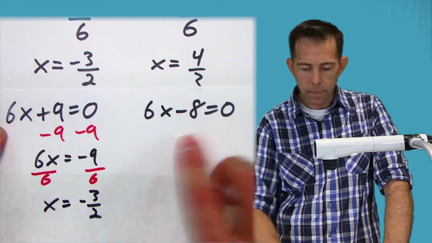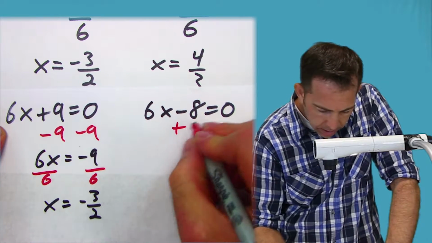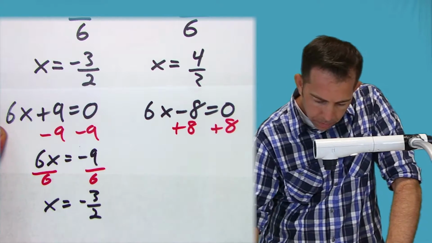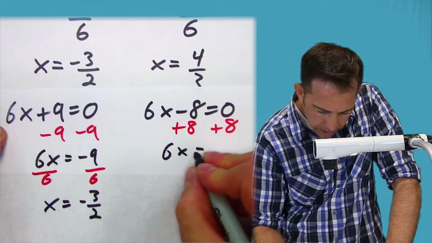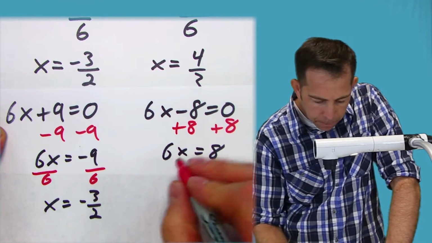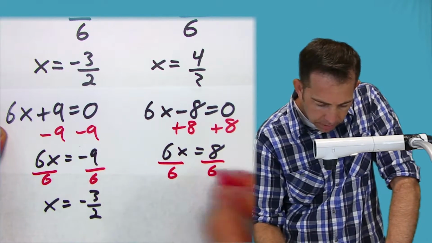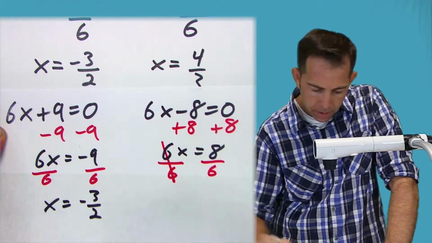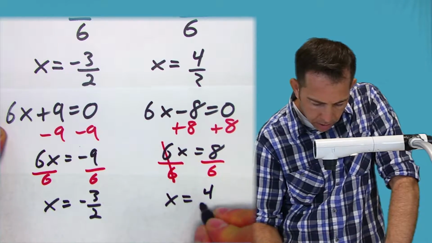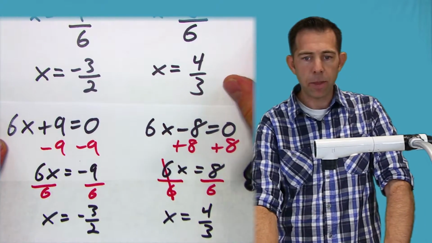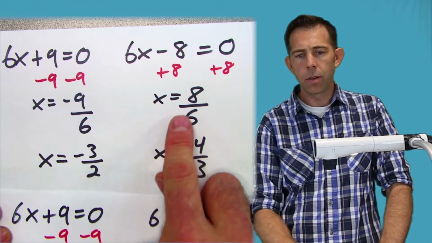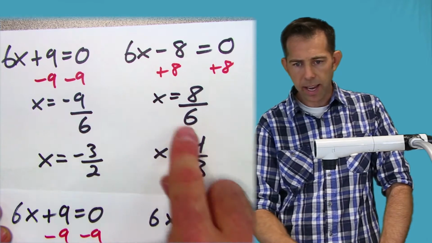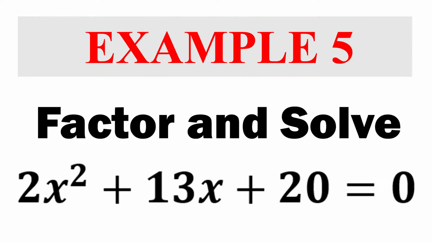Okay, so on this side, we add 8 to both sides. 6x equals 8. Again, here's just that step we're kind of taking out. Divide both sides by 6. And now x equals 4/3, which is the same thing we got up here. We just didn't put the 6 back in and put it in at the very end.